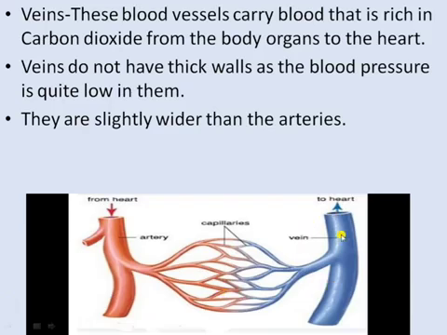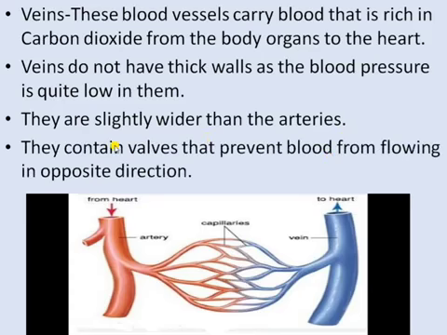In the same way, all the veins carry deoxygenated blood except the pulmonary vein. And they have valves which allow blood to flow only towards the heart. They contain valves that prevent the backflow of the blood in the opposite direction. That's why they have valves.